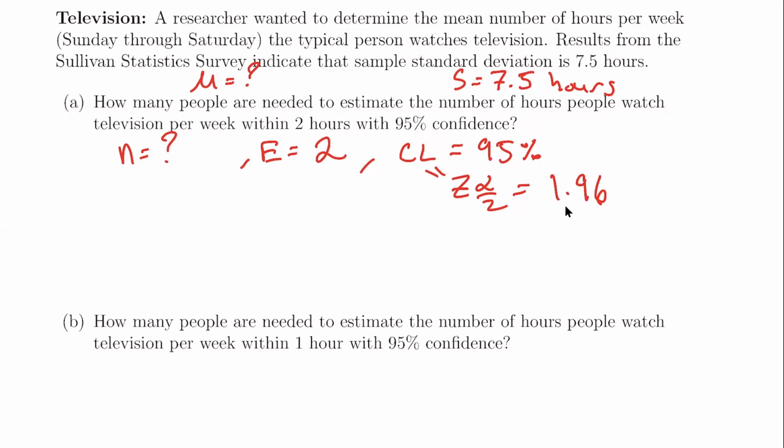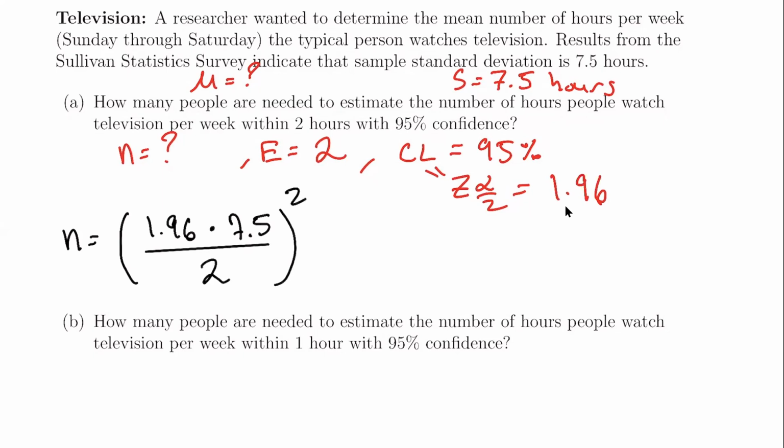Okay. Since we're trying to find the sample size, we're going to substitute into the formula for sample size. So n is equal to z, which is 1.96, multiplied by s, which is 7.5, divided by the margin of error, which is 2, and you square. For this one, I'm going to do it on my calculator.